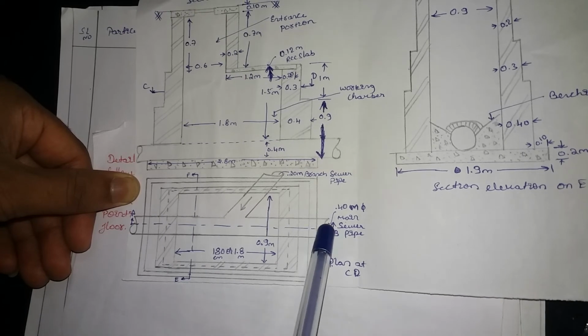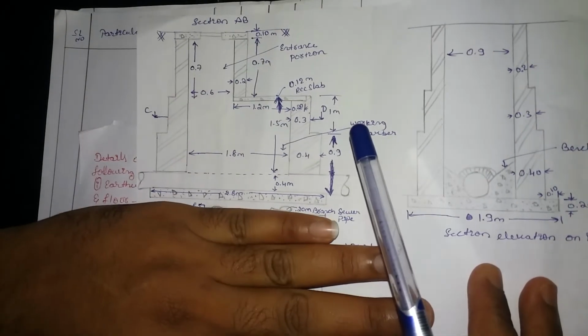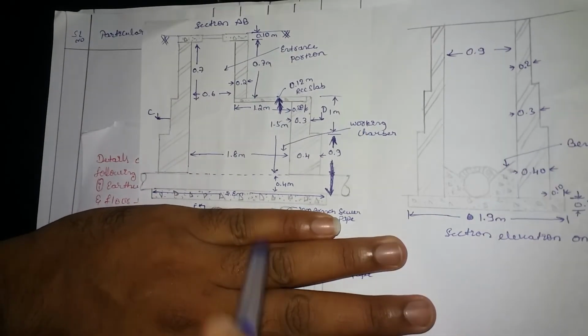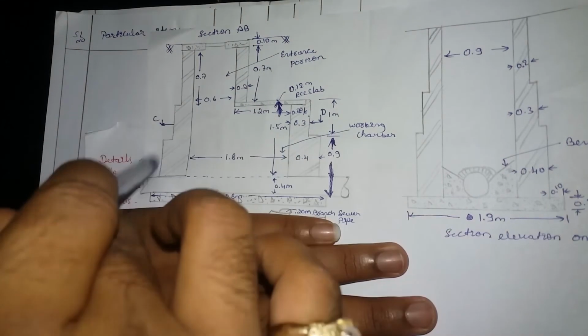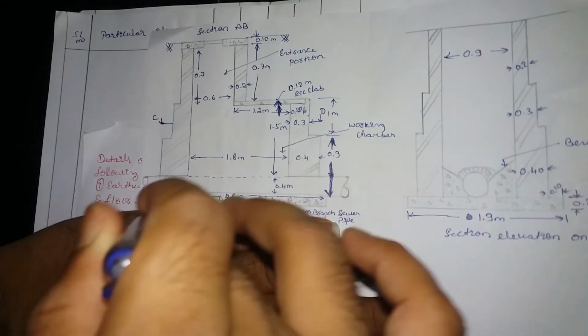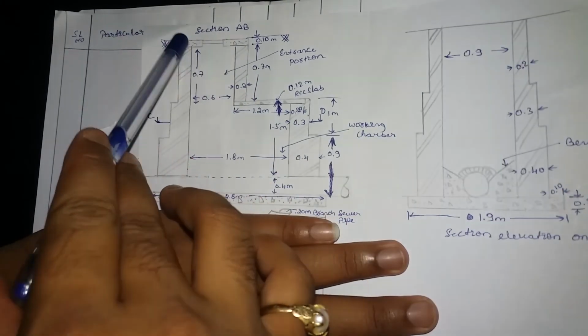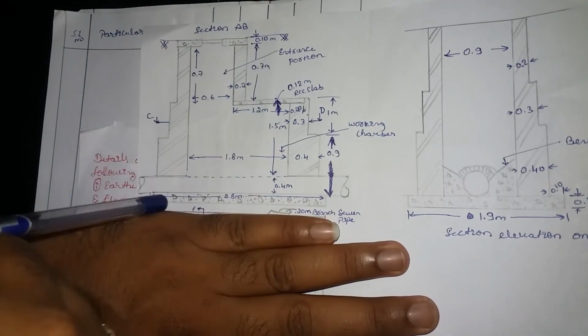This is the entire cut section of section AB. This is how your manhole looks when I cut the section in between the sewer pipes.